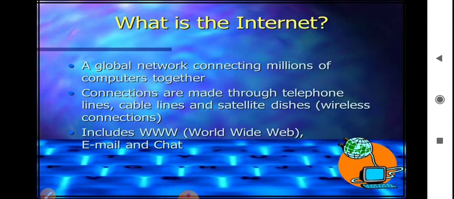In the earliest days, the connections were made through telephone lines, cable lines, and satellite dishes. But now, certainly, we are using wireless connections. It includes www, that is World Wide Web, email, and chatting. It is a network of computers interconnected throughout the world with the help of telephone lines and satellites.